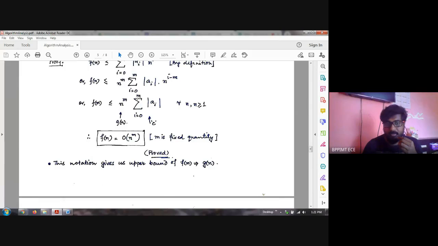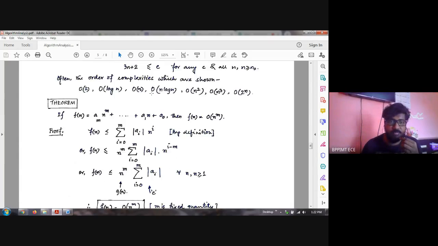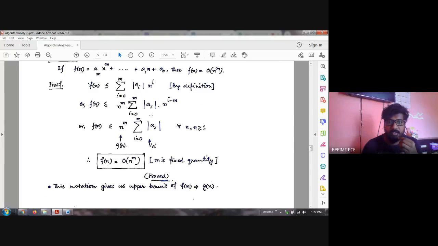And this is the summation of the modulus of the coefficients. For a specific function, n is changing, not the coefficients. So the sum of the modulus of the coefficients is treated as a constant.